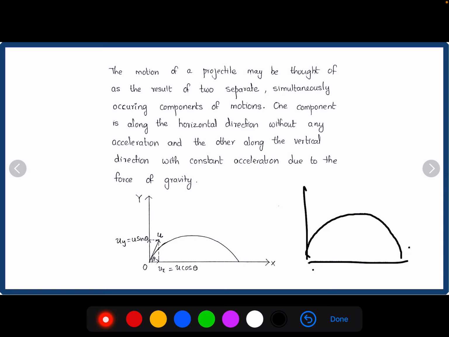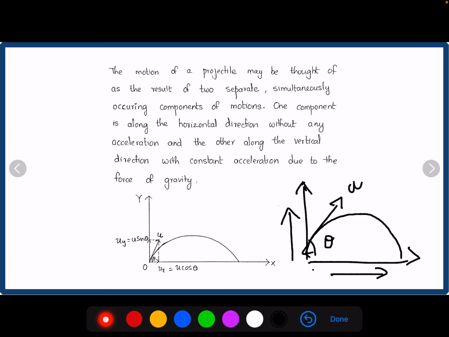That means along the x-axis it has come forward. Along the y-axis it has moved upward. In this case, this is the starting velocity u and the angle which it makes with the x-axis is theta. That's called the angle of projection.